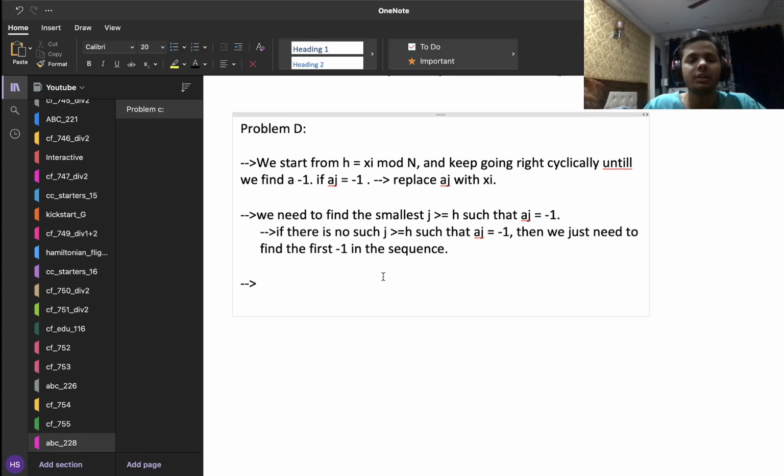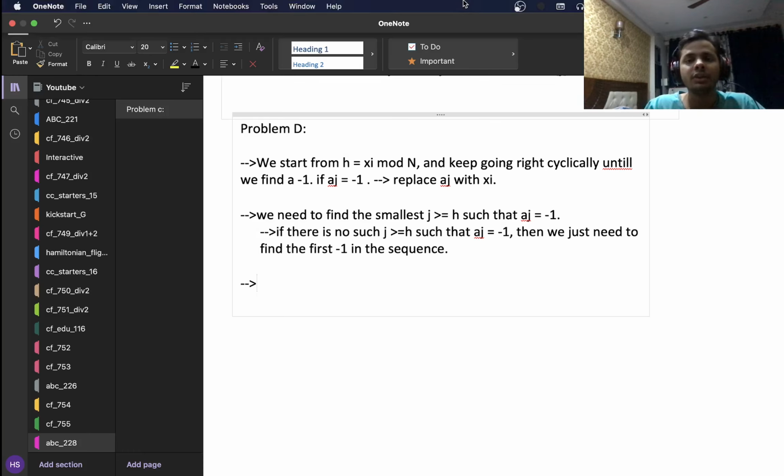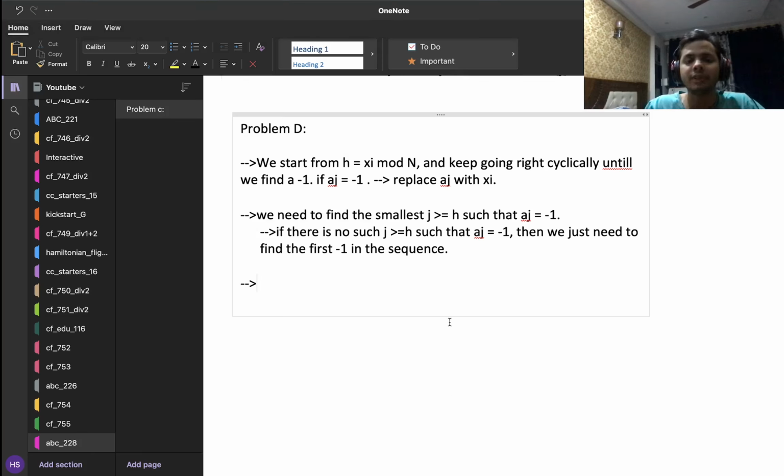the positions where the particular situation that we want is happening. In this case what we want is the indexes of minus 1s. So we are going to keep a set in which we maintain the positions of all the indexes where there is minus 1.